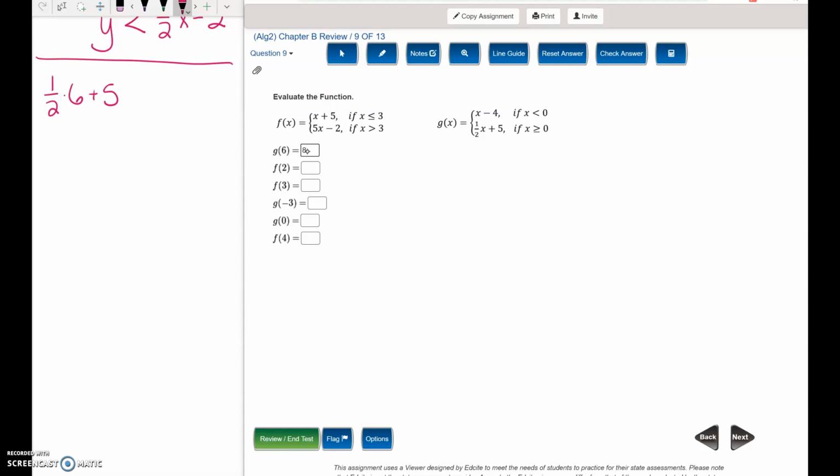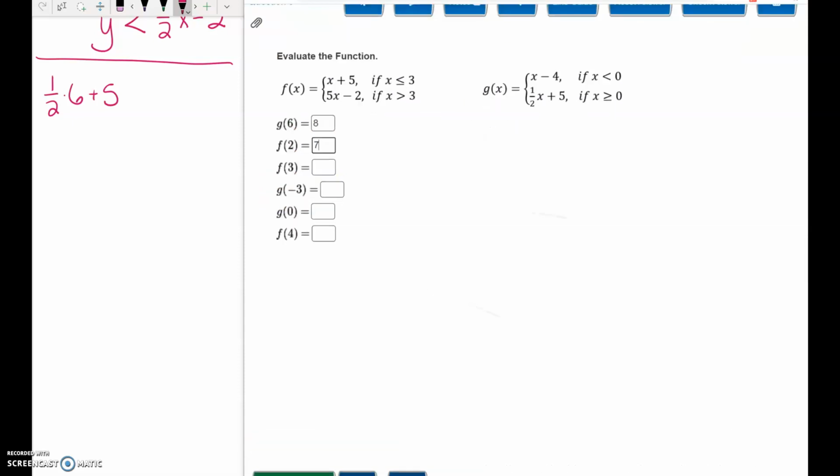F of 2, that means we're using this left f function. 2 is smaller than 3, so we're going to use the top one. 2 plus 5 is 7. F of 3, which one are we going to use for f of 3?